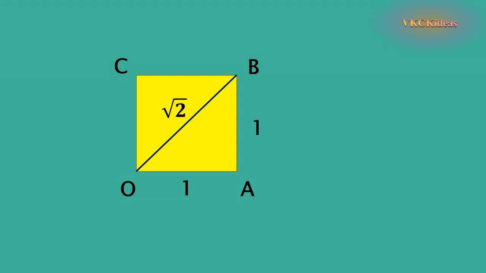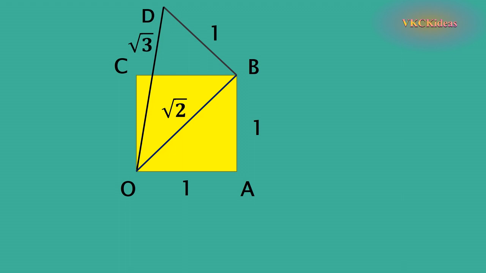We have calculated this, and further we have to take BD, a length BD, which is also equal to 1 unit, and the angle here should be 90 degree. If you construct like this, then your OD will be equal to root 3 units.